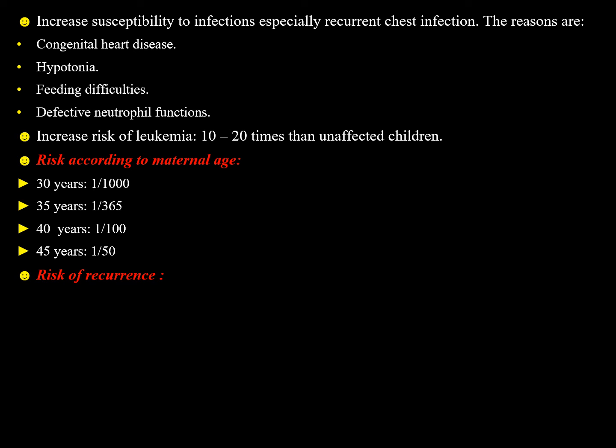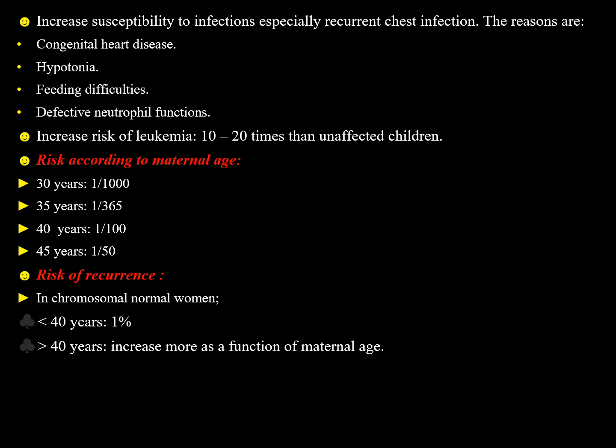Risk of the recurrence. When the mother has a child with Down syndrome, she will ask you, can I get another child? So the risk in a chromosomal normal woman, less than 40 years, we give 1%. More than 40 years, increase more as a function of maternal age.